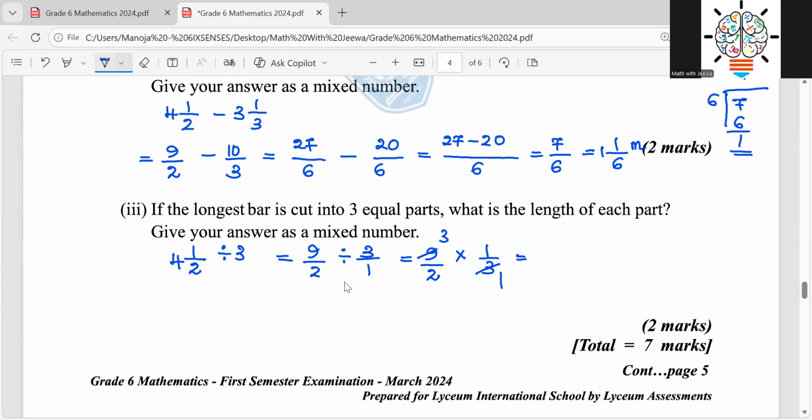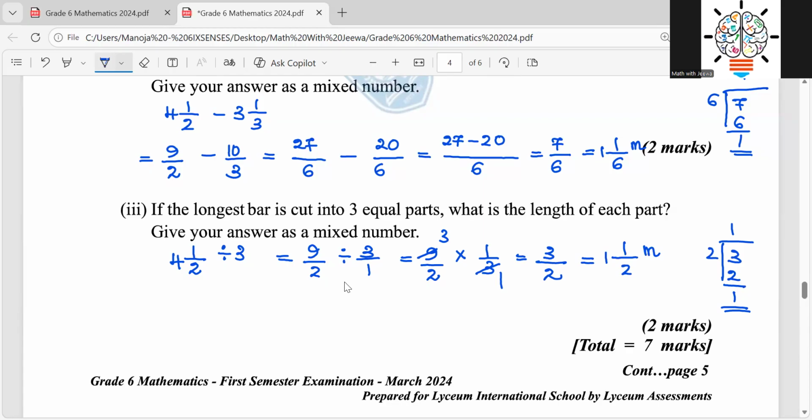So then 3 times 1, 3, and 2 times 1, 2. The answer is 1 in the numerator. So I can write 1 1/2, and the length of each part, meters. Right? Always use the unit.